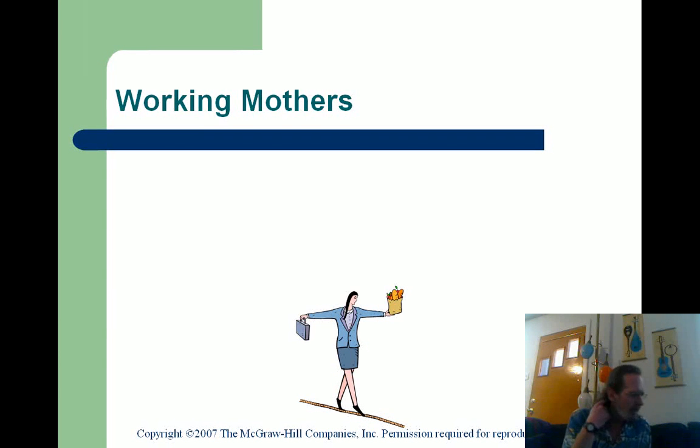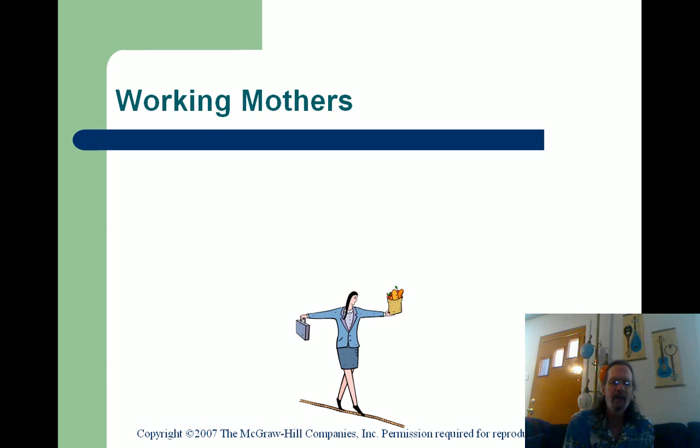Working mothers. Mothers who worked is not all that old a thing. Prior to the 50s, most women didn't work. Early studies indicated that moms who worked had children who had more problems.